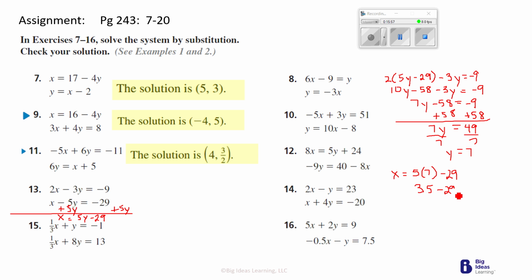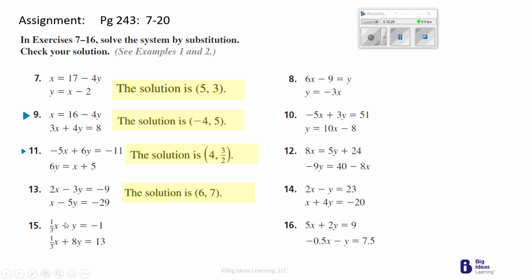Now we just have to have 35 minus 29, I believe, is 6. So x has to equal 6. My coordinates that are the answer to this linear system will be 6 and 7. Let's see how I did. 6 and 7. All right. Looks like we're off to number 15.